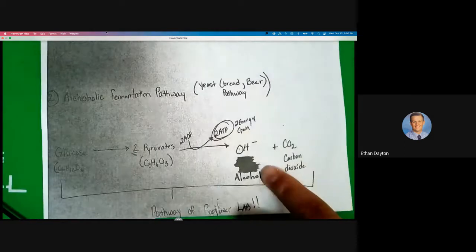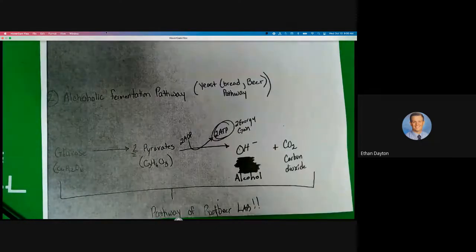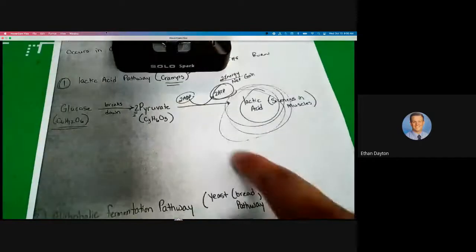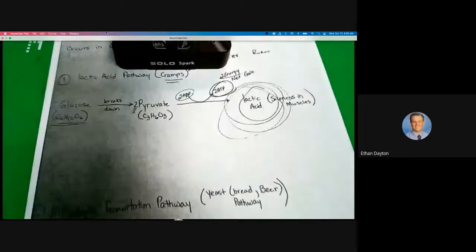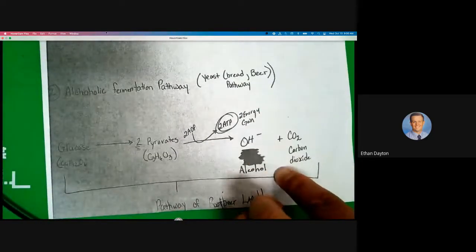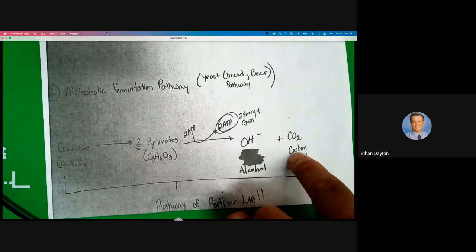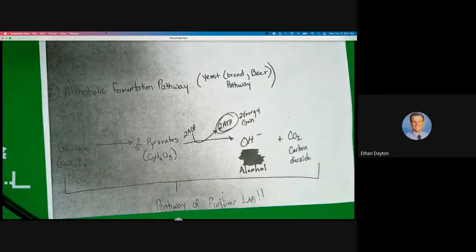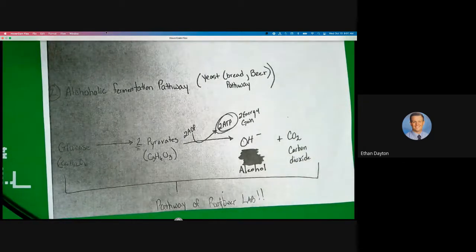But the byproducts: your muscles make lactic acid, while yeast's byproducts are ethanol, which is alcohol, and carbon dioxide. Carbon dioxide is just air, right? So that's what causes bread to rise, and that's what causes the fizziness of the root beer.